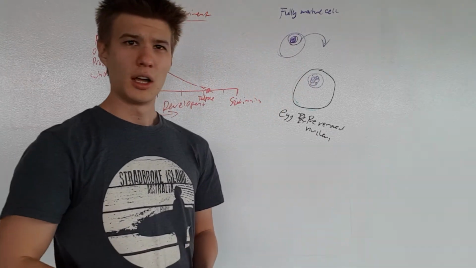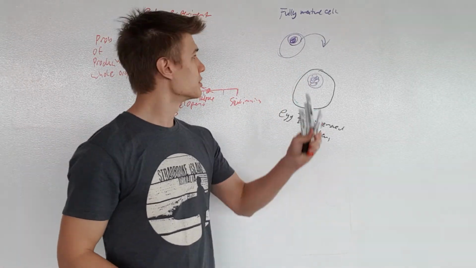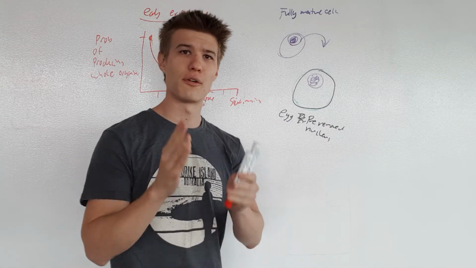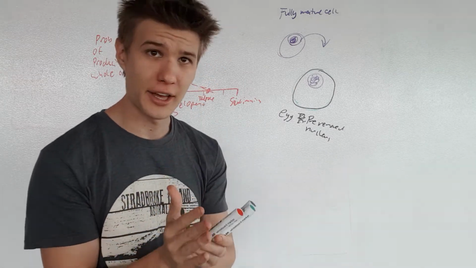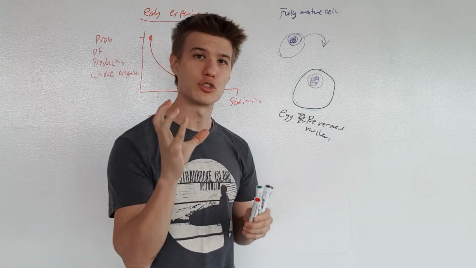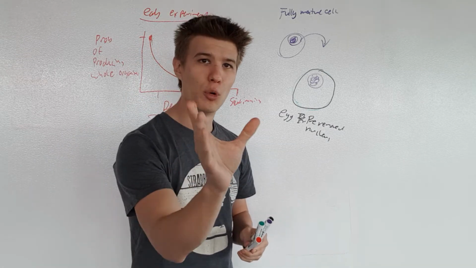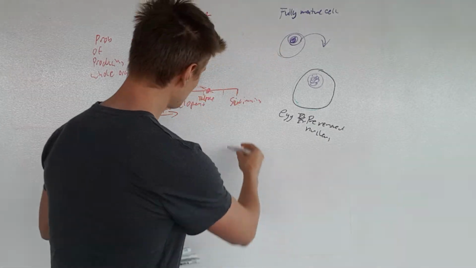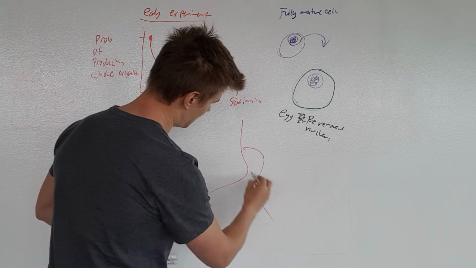Now that's a big deal, right? Because this nucleus of the fully differentiated cell has all of the mechanisms in place that control a cell and force it to be an adult cell. Now remember what I said before about that landscape of differentiation?